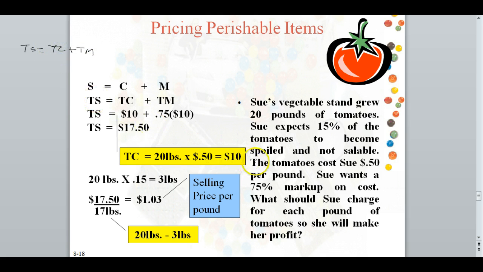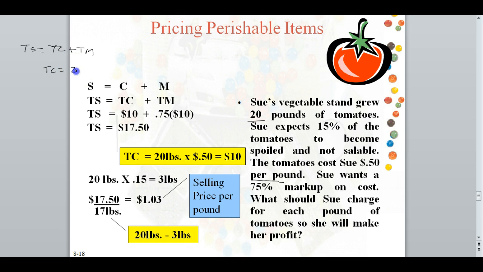Our total cost is the cost we incurred for growing 20 pounds of tomatoes. It says the tomatoes cost her 50 cents per pound. So 1 pound to grow costs 50 cents.